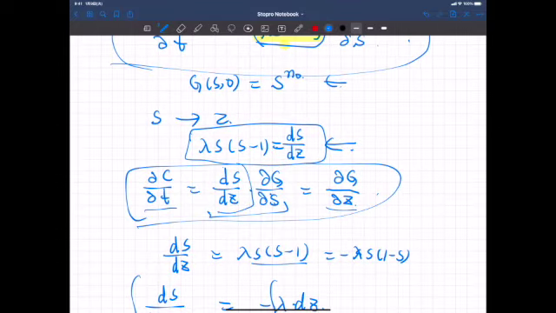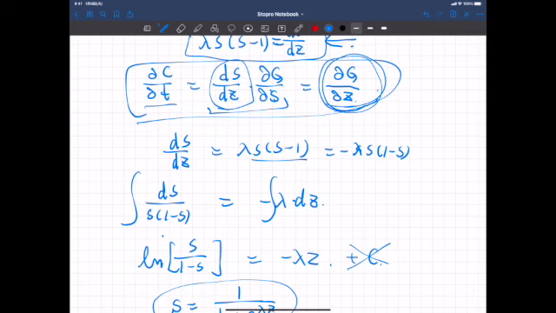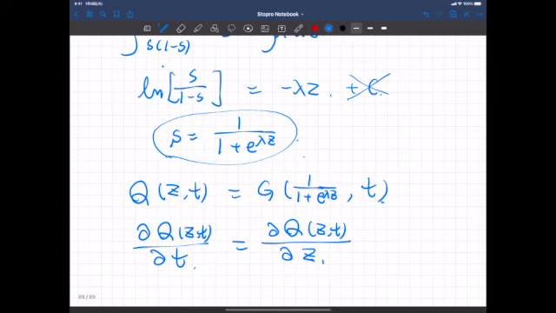We change the variable from s to z. So this partial derivative of g with respect to z is here, this one.